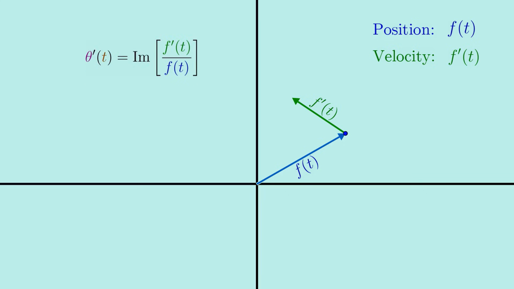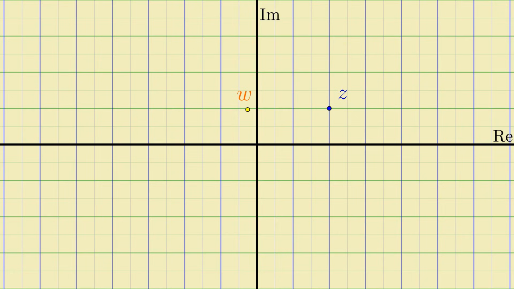Now, in our formula for angular velocity, we divide f prime of t, the velocity vector, by f of t, the position vector. Ignoring scaling, remember that multiplying by a complex number results in a rotation by the angle it makes with the positive x-axis. So dividing by a complex number does the opposite, a rotation by the same angle but in the opposite direction.